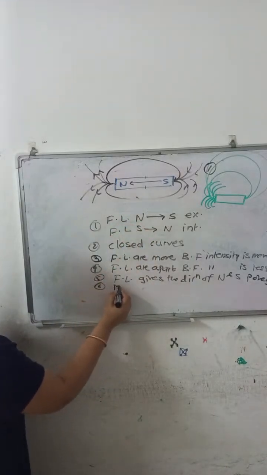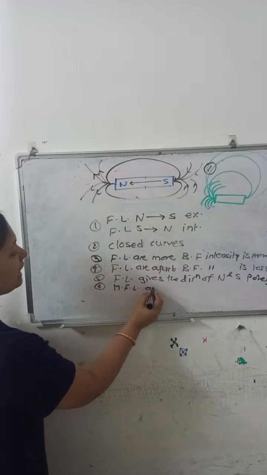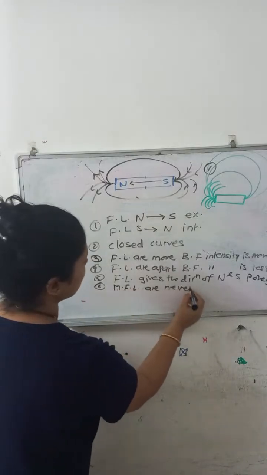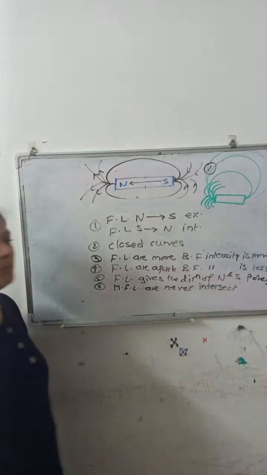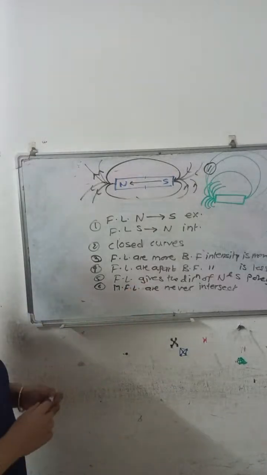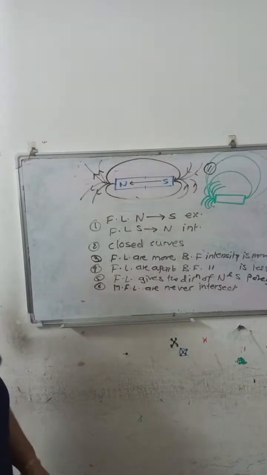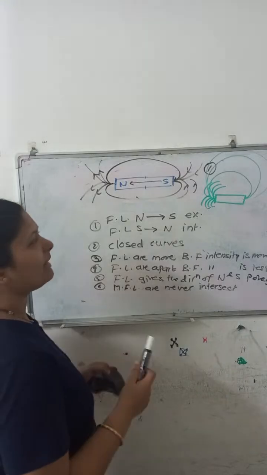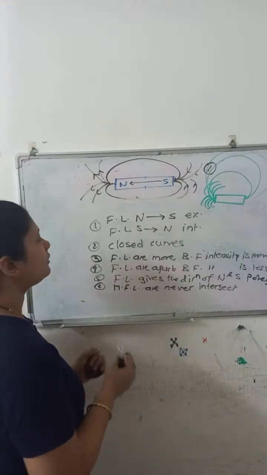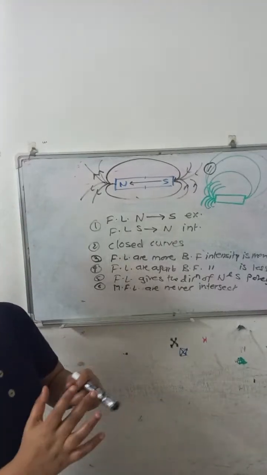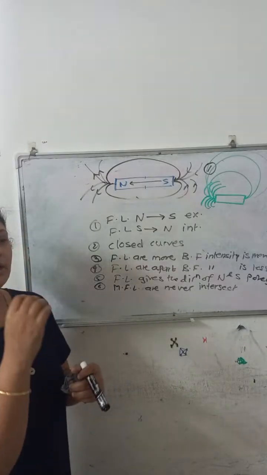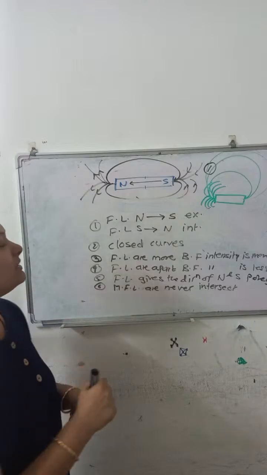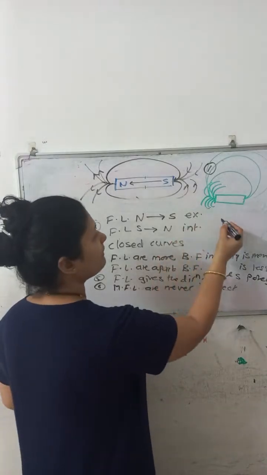So magnetic field lines never intersect. Never intersect. Very important property. Many times they will ask the reason on this. Why are they not intersecting? Whatever the magnetic field, just now I told you that if field lines are very close to each other, then the magnetic field intensity is more. That means here there is more crowding, but they never intersect.